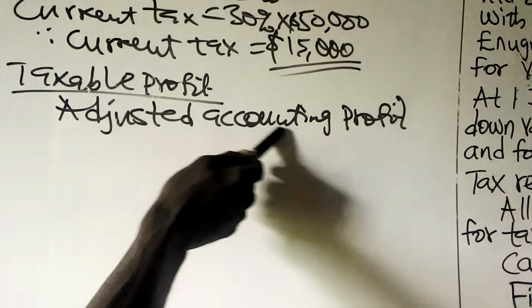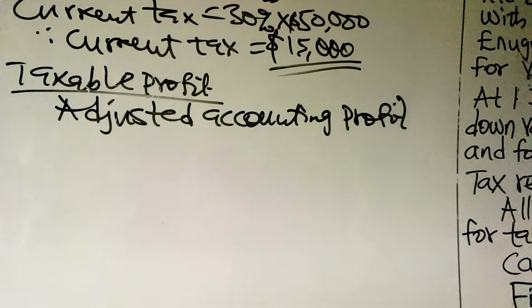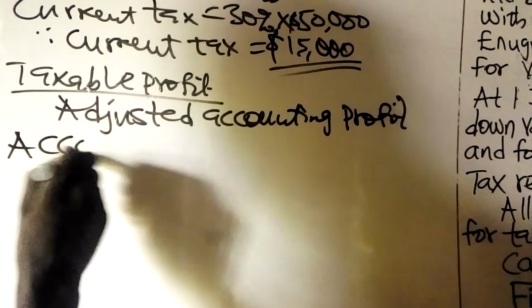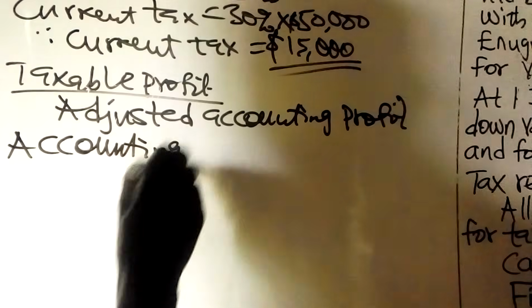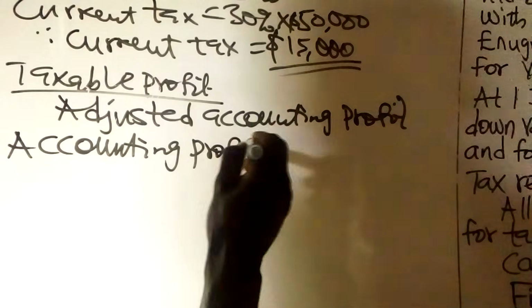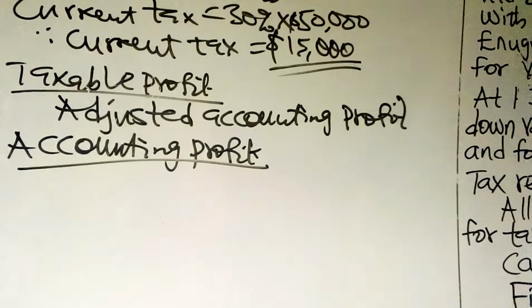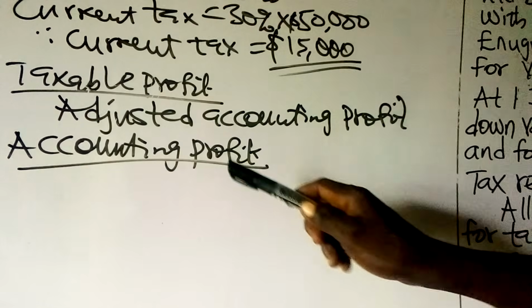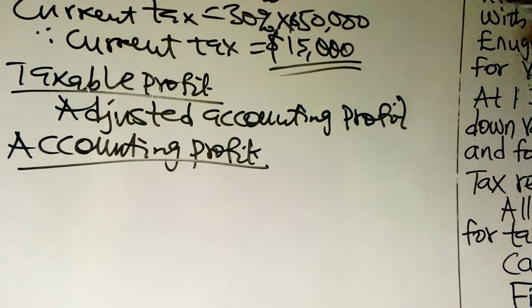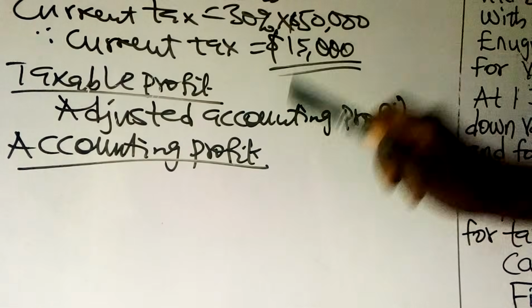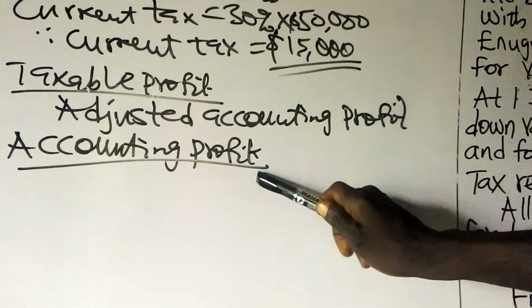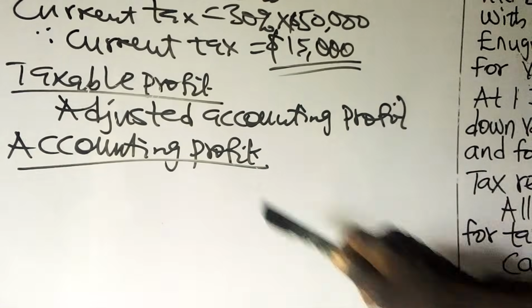Then what do we mean by the accounting profit? Accounting profit is the net profit or loss for a period before deducting the tax expense.